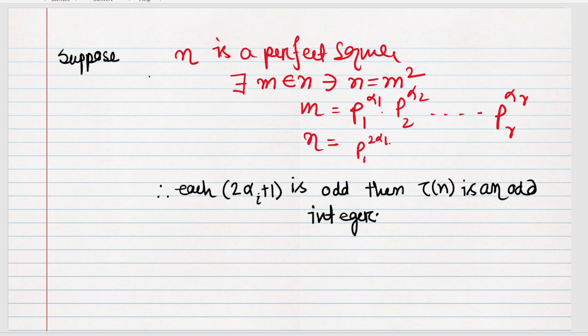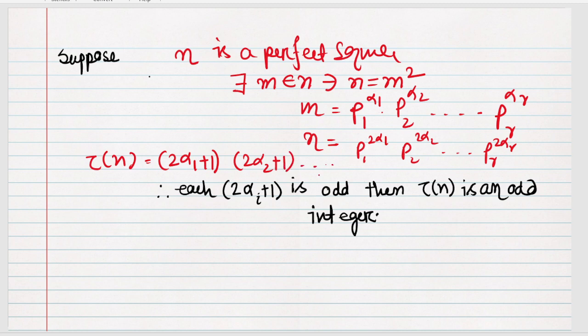So we can write tau of n equals (2 alpha1 plus 1)(2 alpha2 plus 1) ... (2 alphar plus 1). Each 2 alpha i plus 1 is odd, so we can easily say that tau of n is an odd integer.